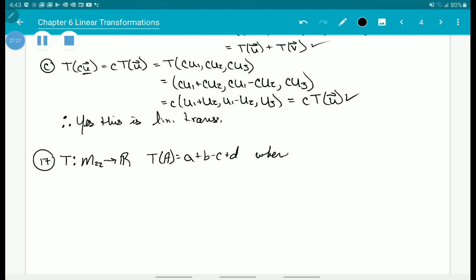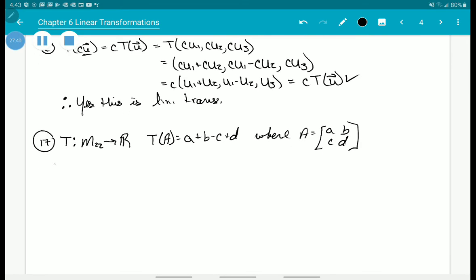So we're just adding or subtracting the values of the items in matrix A. So let's let A equal a, b, c, d, and B equal, let's just do e, f, g, h.